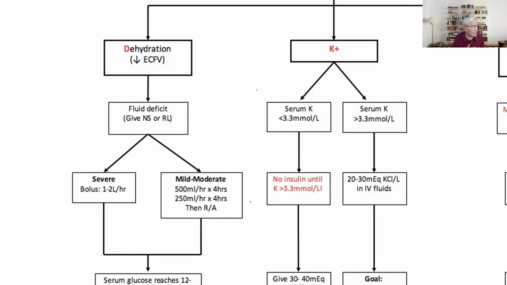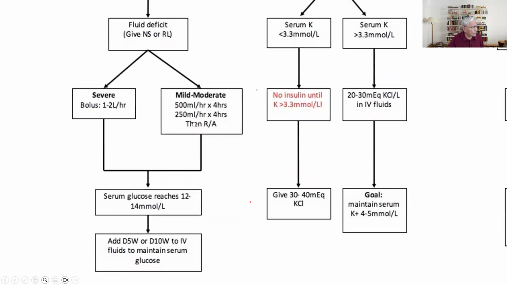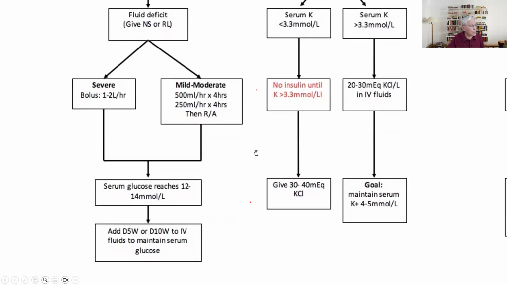So we usually give normal saline or Ringer's lactate in this particular case. And of course, we might have to use special types of solutions in order to treat the problem, okay?